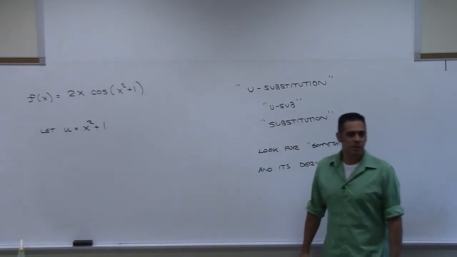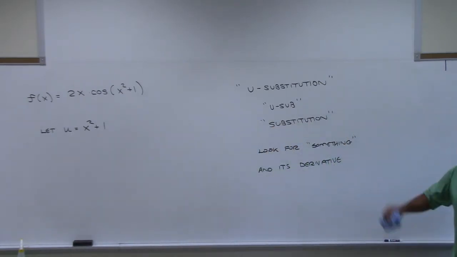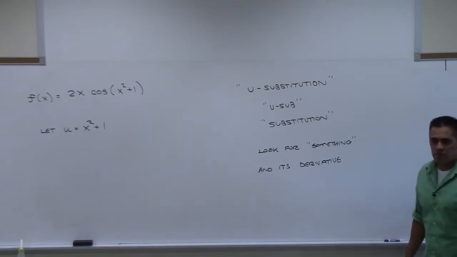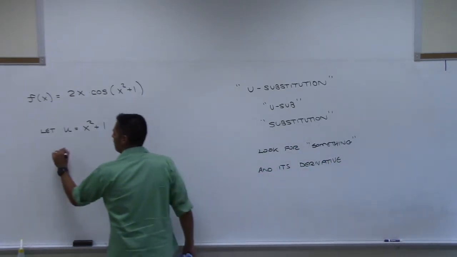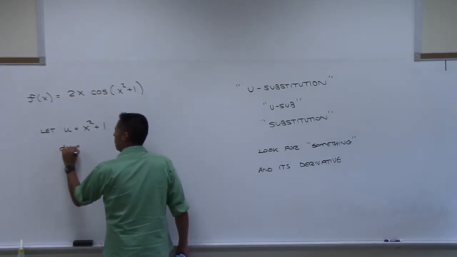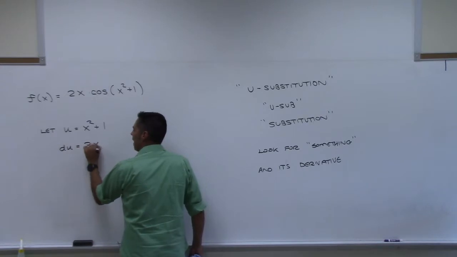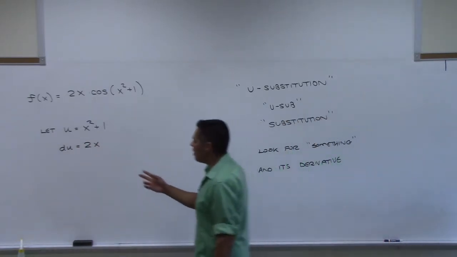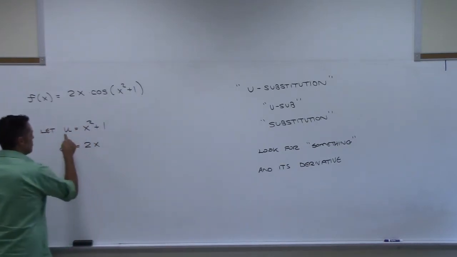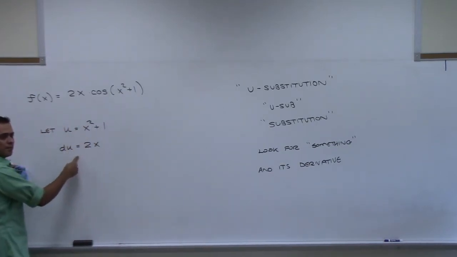So anywhere I see an x squared plus 1, I'm going to replace it with u. Also, I know that the derivative of u is equal to 2x. Do you buy that? If I take the derivative on both sides, the derivative of this should be 2x.